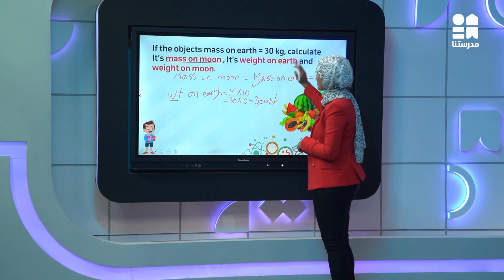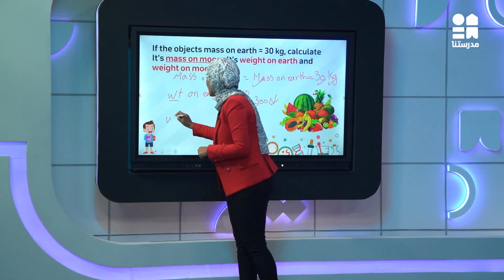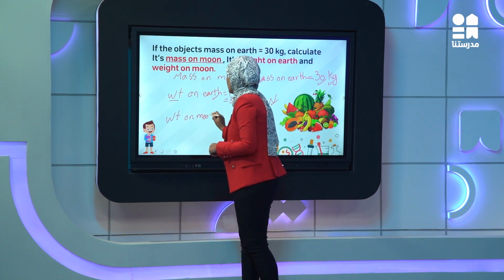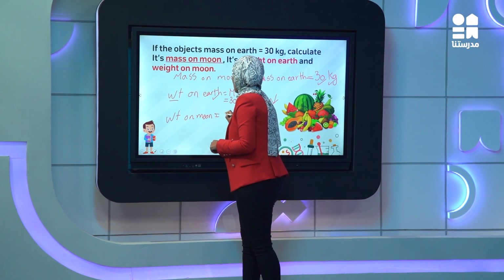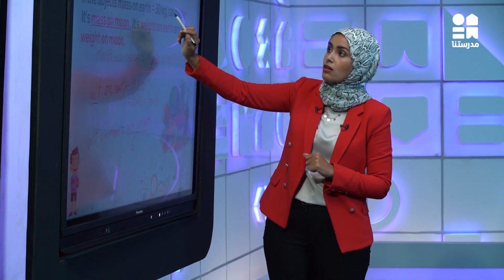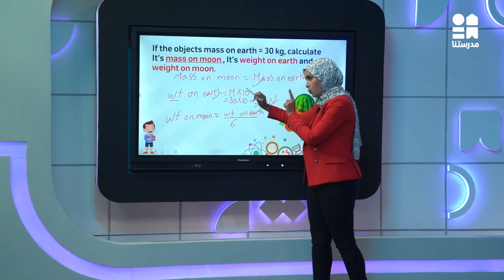Third step, weight on Moon. Weight on Moon equals weight on Earth divided by 6. Here, people usually make the mistake of going back and taking the number of the mass on Earth. I want the mass or weight? I need the weight. So please go up one step.